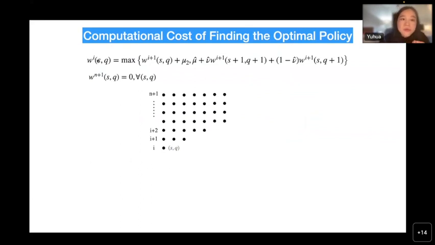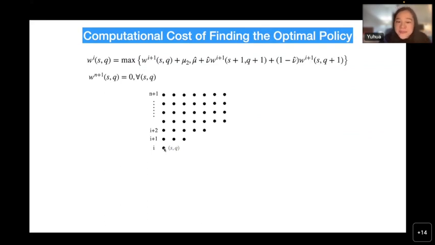Our optimal cumulative reward at round i depends on the optimal reward at round i plus 1, specifically on the function at (S, Q), at (S plus 1, Q plus 1), and at (S, Q plus 1).